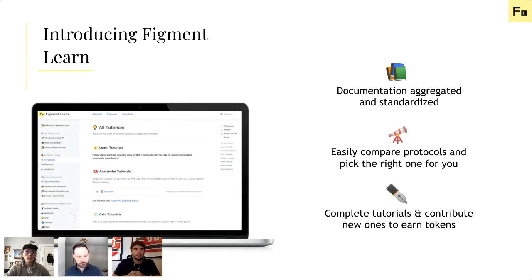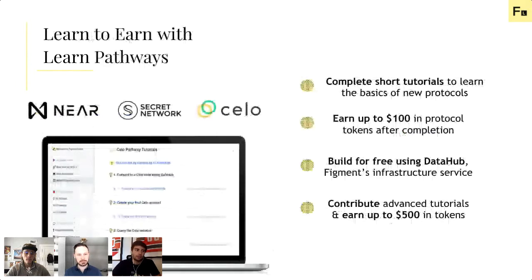Today we have over 50 tutorials offered on Learn across all the protocols that we support in DataHub. And we offer you a way to push your skills to the next level and earn tokens in the process.